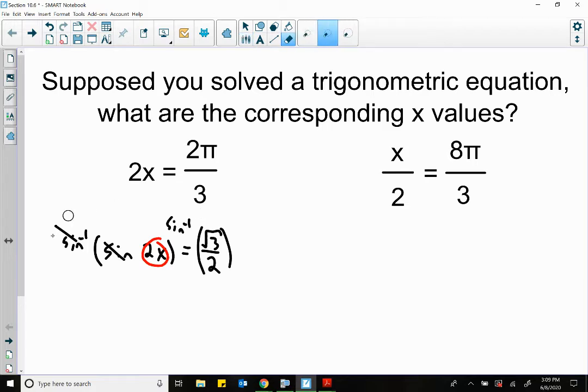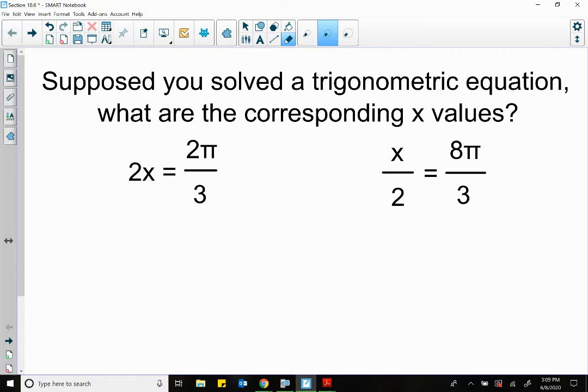So some of these problems in 10.6, after you take the inverse trig, you might have to take it a step further. And that's what these two problems are dealing with. It's been solved, but now it wasn't just x that we had left. We had 2x left. So how do I get this x by itself now? All I'm going to do is divide by 2.